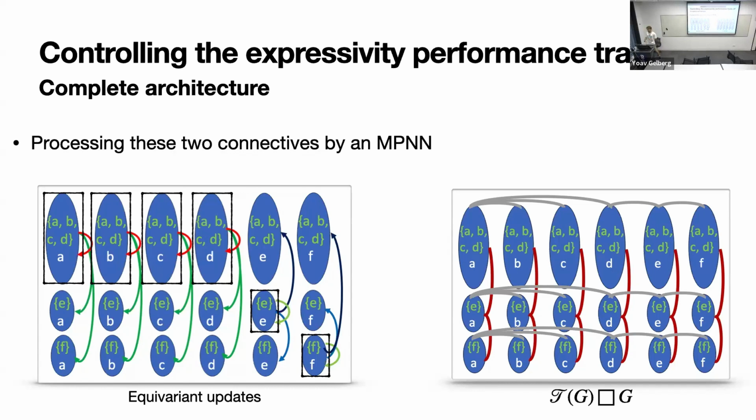These are the edges that correspond to the weights that we chose. So we ended up simply processing what you see here, those equivariant updates, this structure, and the graph Cartesian product between T of G and G.